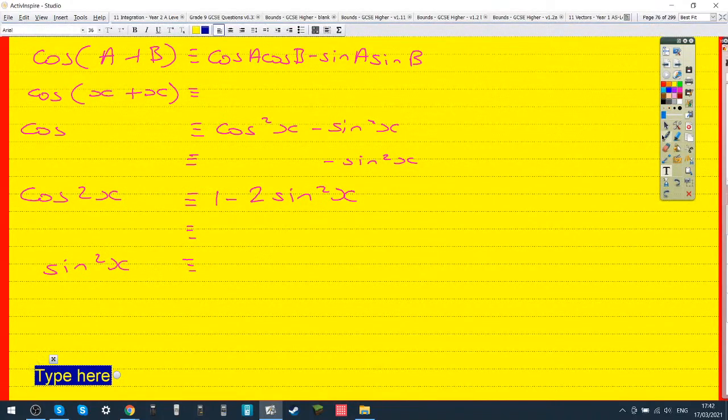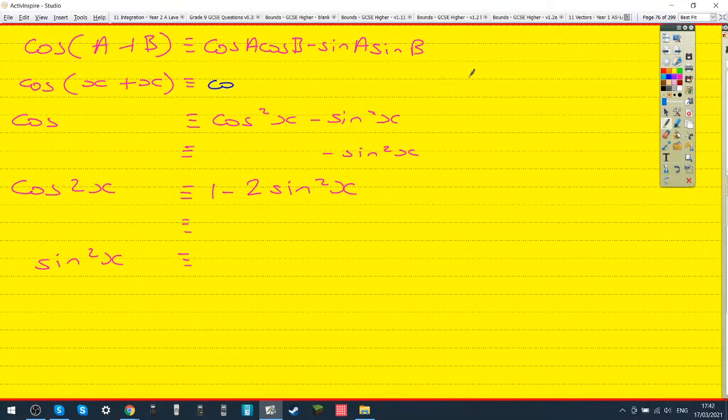Cos x cos x minus sin x sin x. So that's the same as cos squared x minus sin squared x.